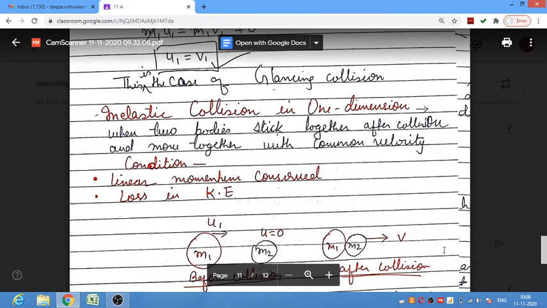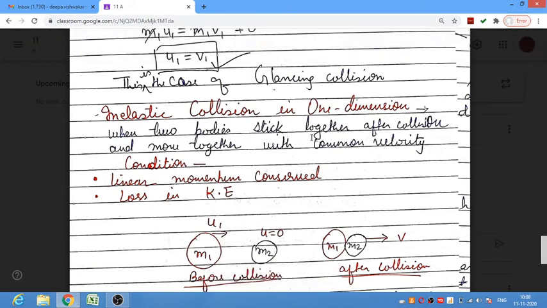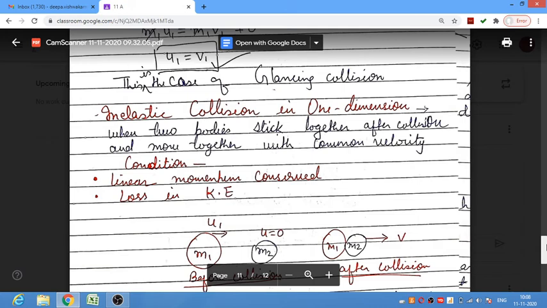Now the next topic is inelastic collision in 1 dimension. When two bodies stick together after collision and move together with a common velocity, this is the case of the inelastic collision. When I discussed the types of collision, I also discussed how we can identify an inelastic collision.